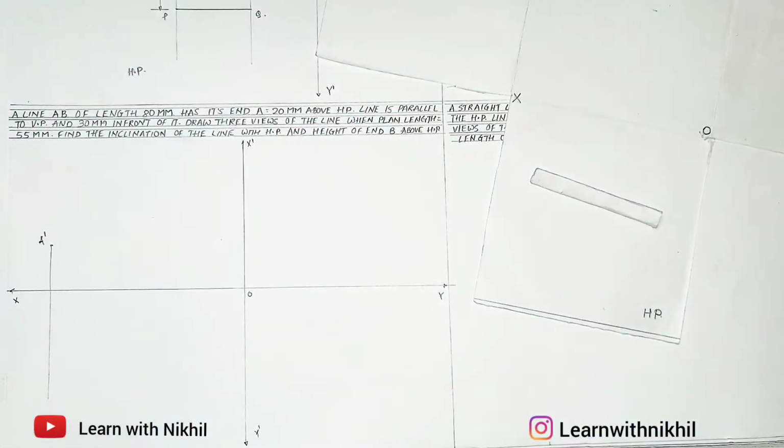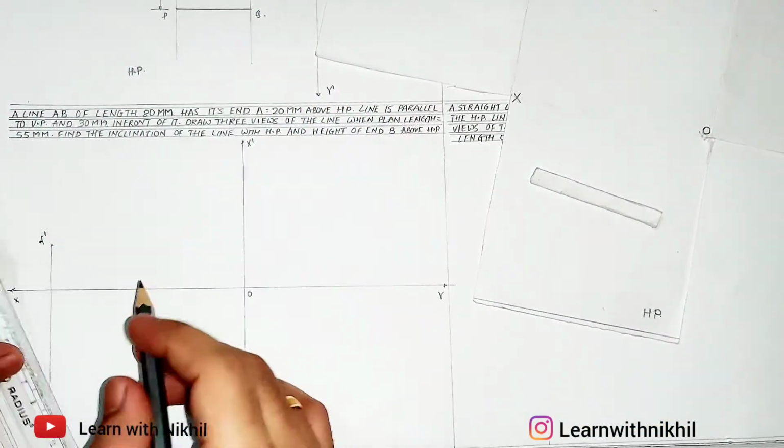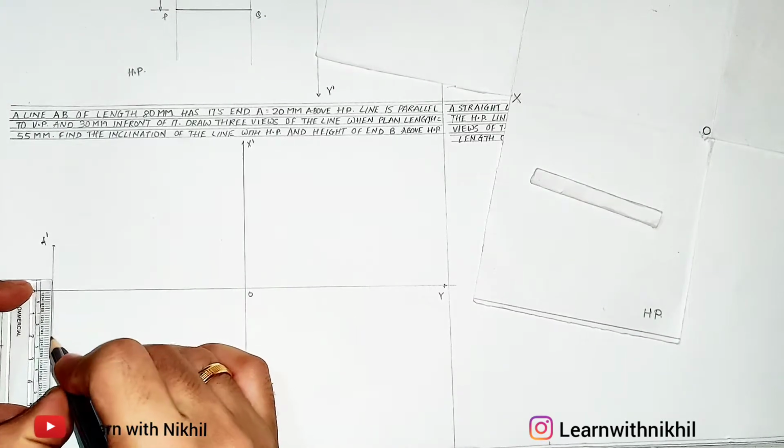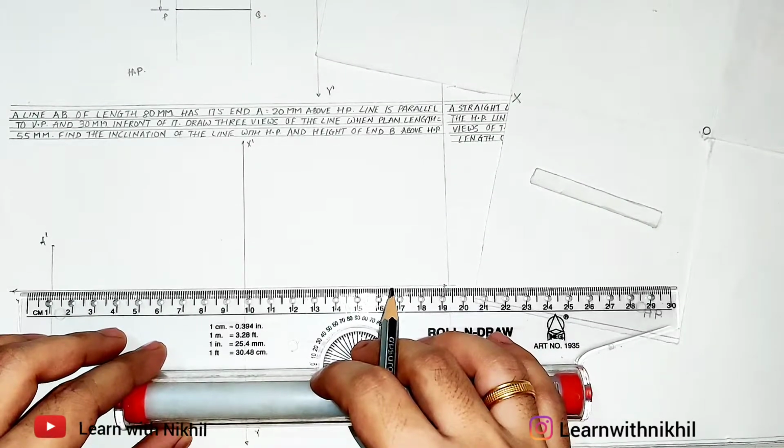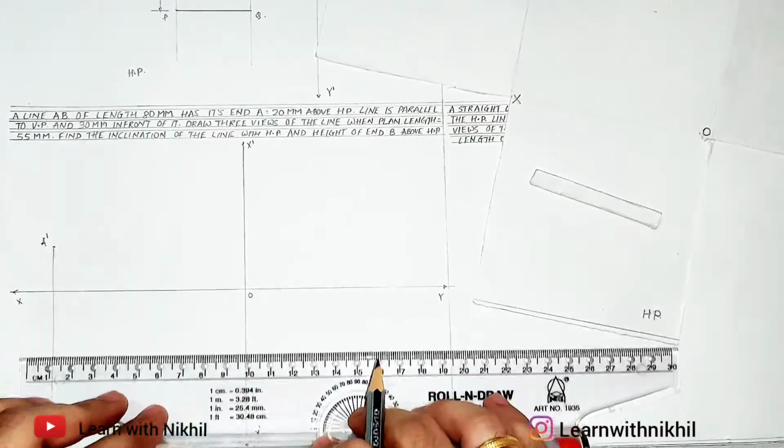I'll mark a point 30 mm below this line, and this point will be A. And we'll draw a parallel line through it.